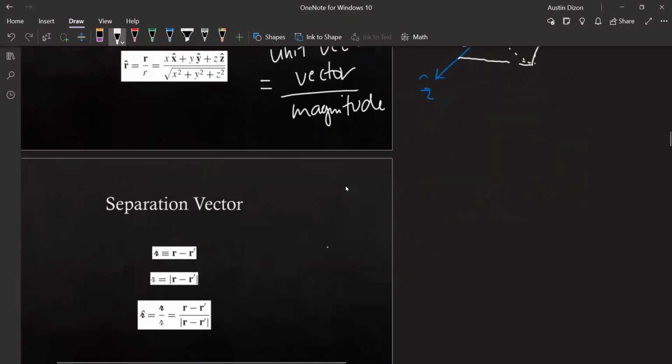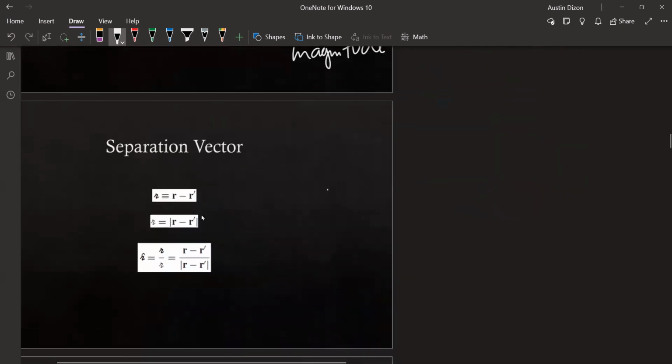Okay? And then may tinatawag tayong separation vector. Kunyari, meron kang origin. Then, let's say alam natin to, r, from the origin. Lagyan ko lang siya ng imaginary axis.